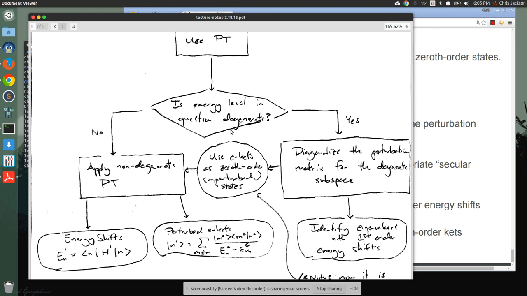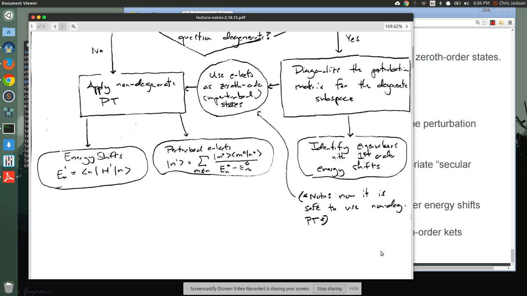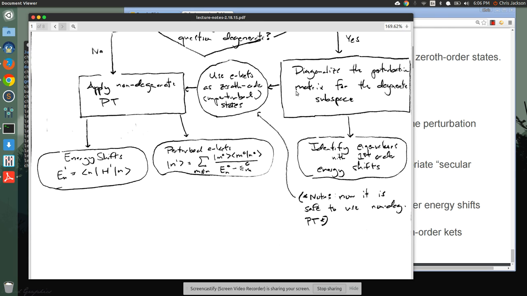But if you have degeneracies, then that's when you have to apply this algorithm or recipe that we were just talking about, where you construct the part of the Hamiltonian matrix that's degenerate, and then you have to diagonalize that, right? Once you diagonalize it, we identify the eigenvalues of that matrix as the first order energy shifts, and the eigenkets that we get from diagonalizing the matrix give us the new zeroth order unperturbed states.